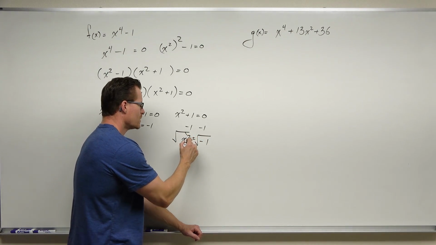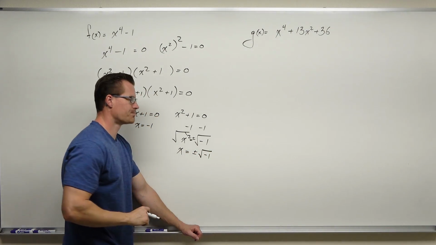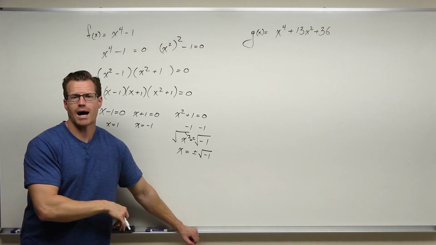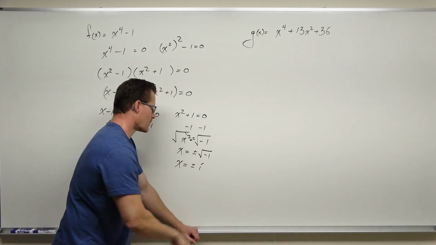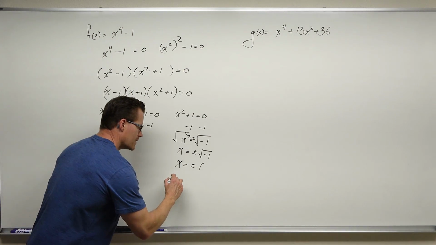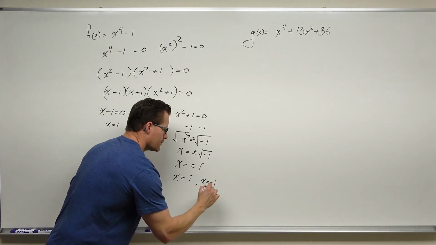We get x equals plus or minus the square root of negative 1. Well, wait a minute. The square root of negative 1, by definition, is exactly what i is, an imaginary number. So we get plus or minus i. That gives us two solutions. We get i and negative i.